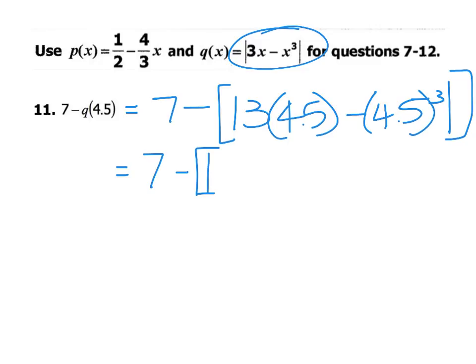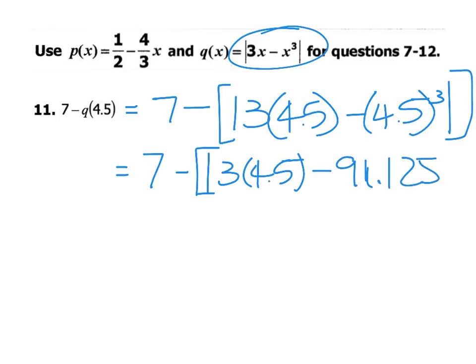So the absolute value of 3 times 4.5 minus 4.5 to the 3rd power, because order of operations tells us exponents first. 4.5 to the 3rd power gives us 91.125.